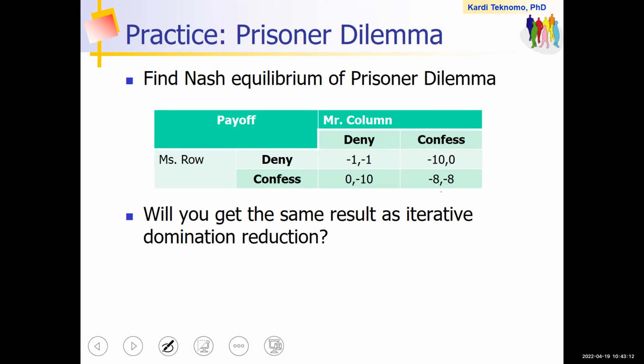So if you calculate the Nash equilibrium of the prisoner's dilemma, will you get the same result as iterative domination or not? Anyone want to use a whiteboard and try?